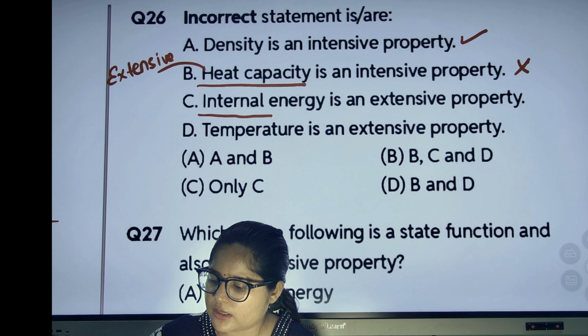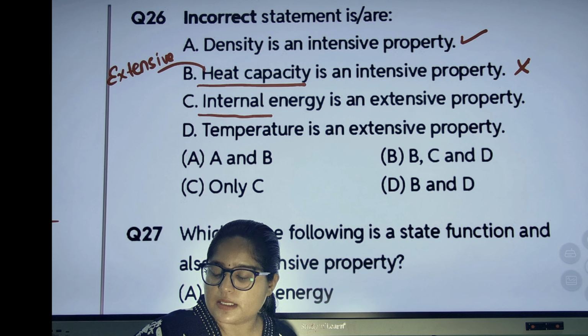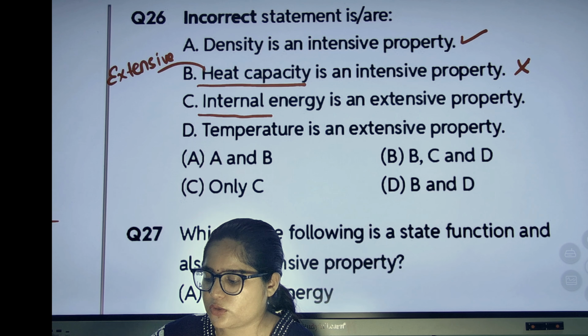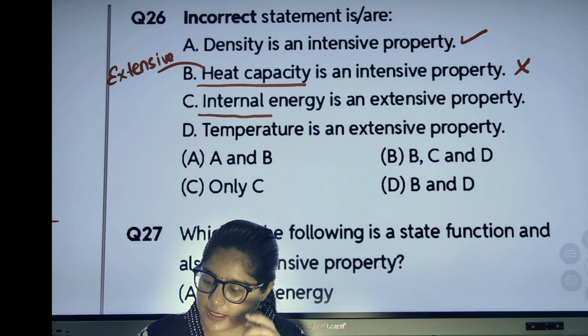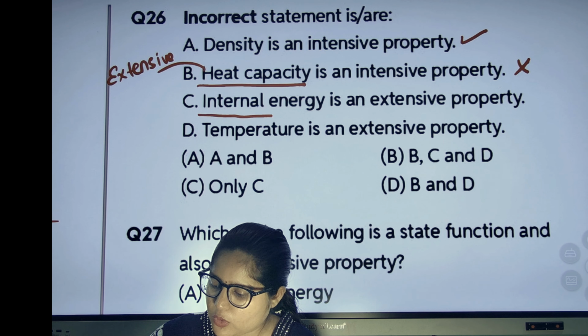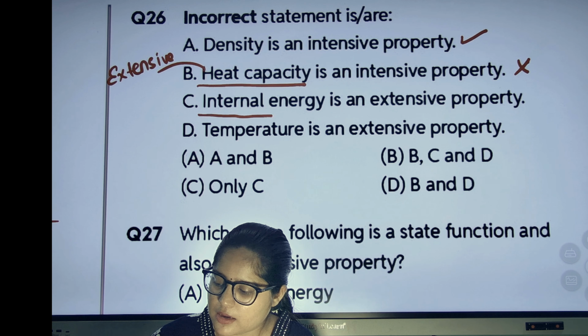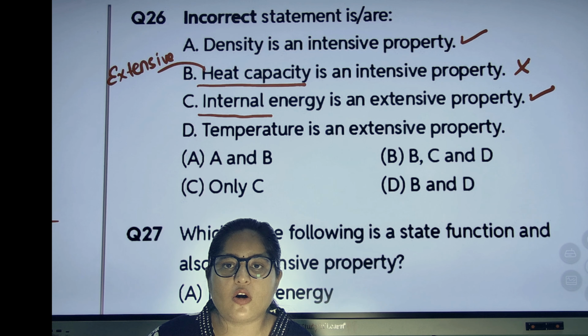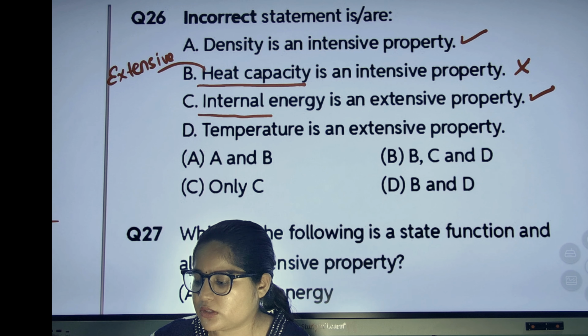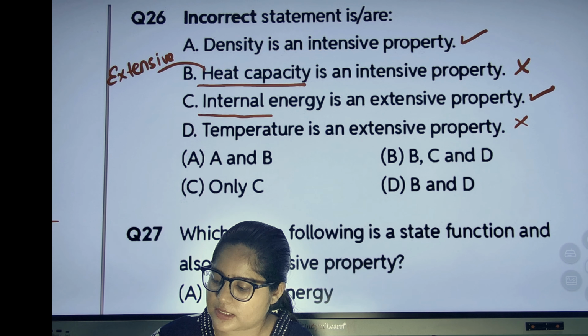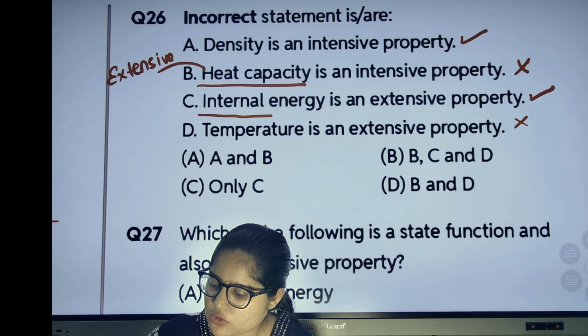They are asking only for the incorrect option. Heat capacity, remember, is also an extensive property. Next, internal energy. I have told you all energy terms are extensive. Correct. Temperature extensive? No, just now I have told you temperature is intensive. So which is incorrect? B and D options.